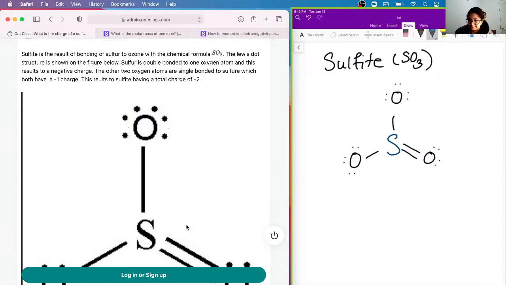So sulfur, as you can see, has 1 double bond to 1 oxygen, and the other ones are negative, so this would be negative, negative, and this is 0, since the double bonded oxygen does not have a charge. And so the result is the sulfite having a total charge of -2.